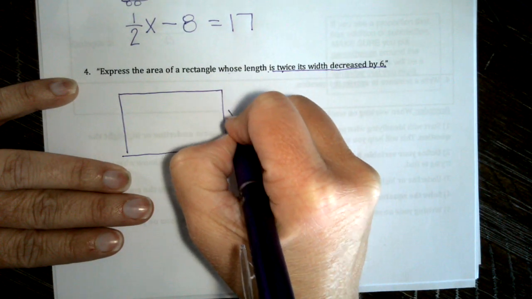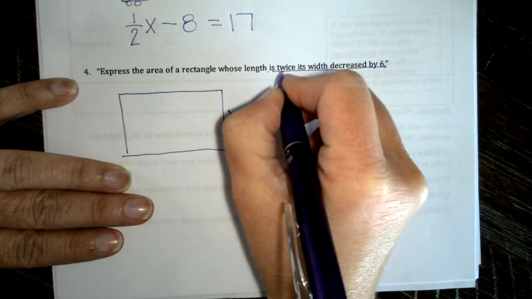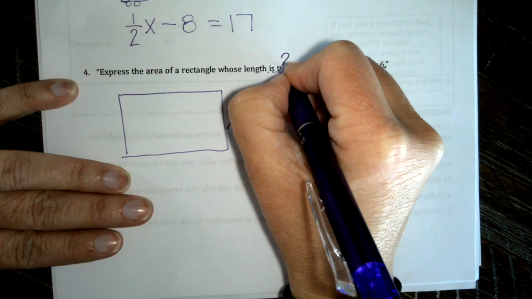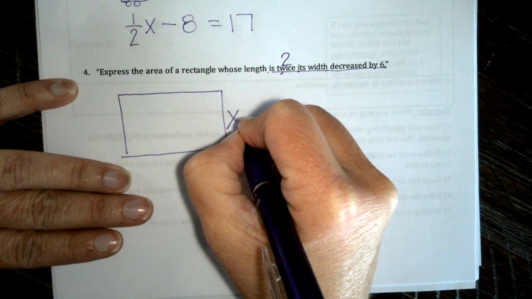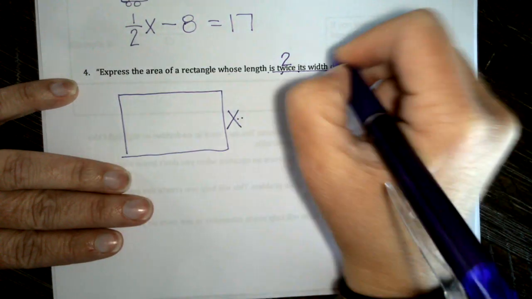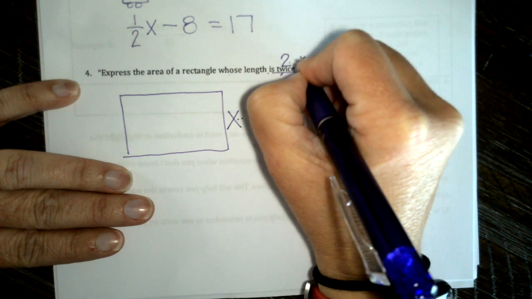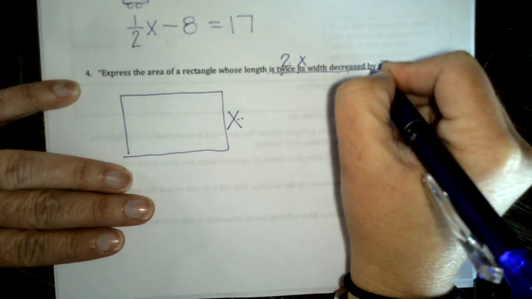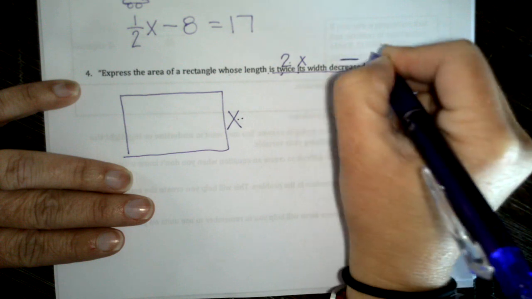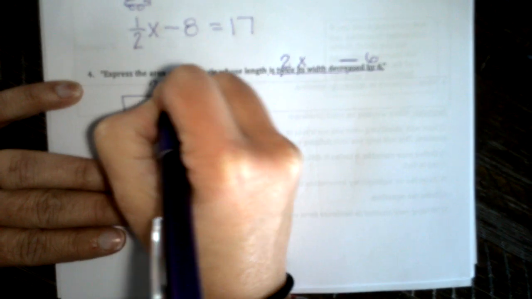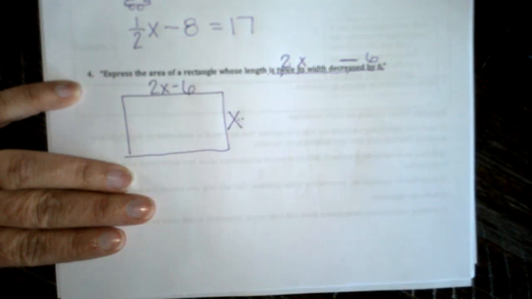So if the width is x, now it's twice its width. Twice means 2 times the width. If the width is x, it's going to be twice that. So twice x decreased by, that means subtract, 6. So that's 2x minus 6.